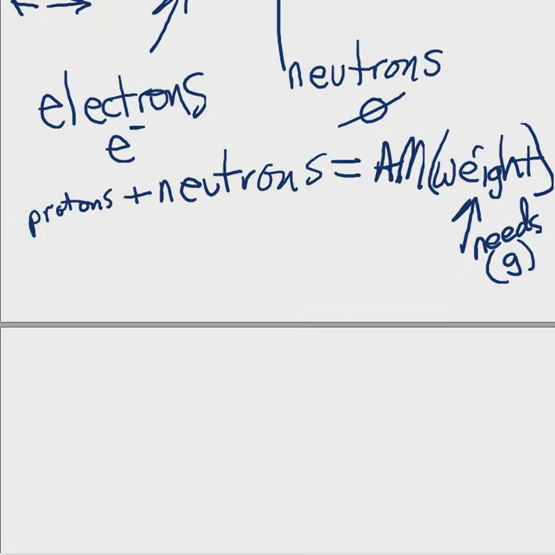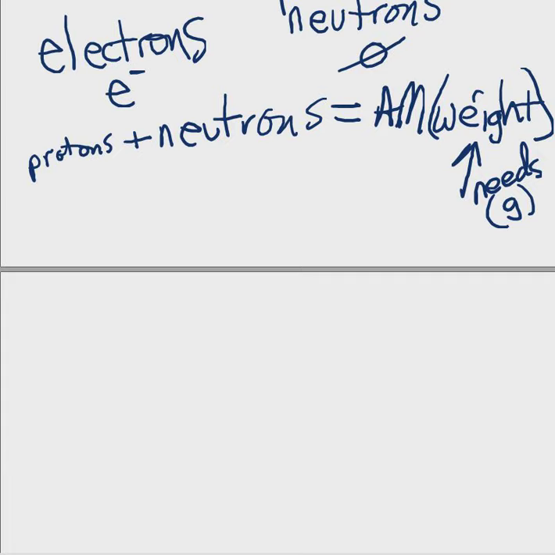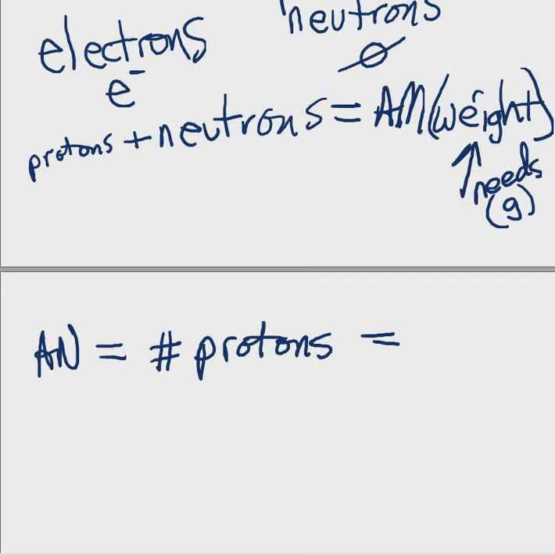Now, our atomic number equals the number of protons, and the atomic number also equals the number of electrons.